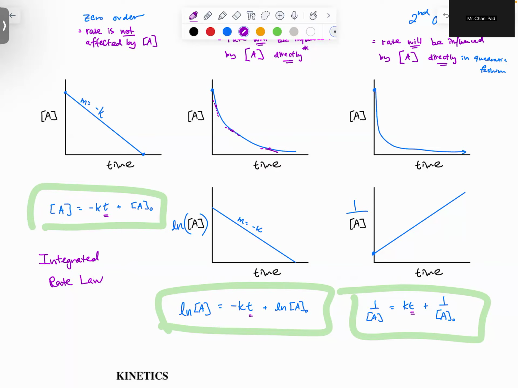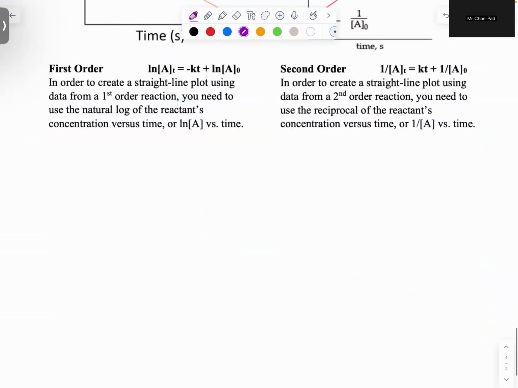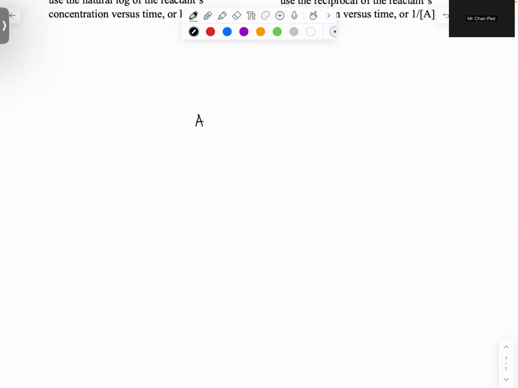Those are integrated rate laws. And what I'm about to show you is called rate law. Now, it's a little bit confusing in the very beginning because this is brand new, but the more you see them, it's going to get better.